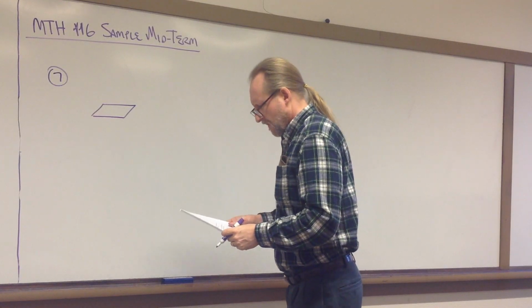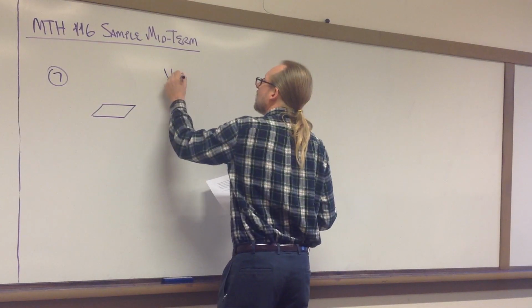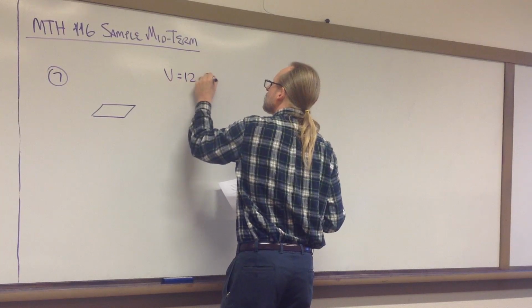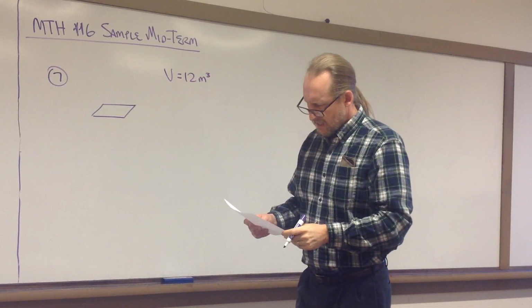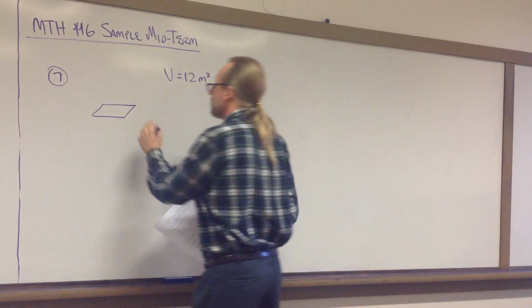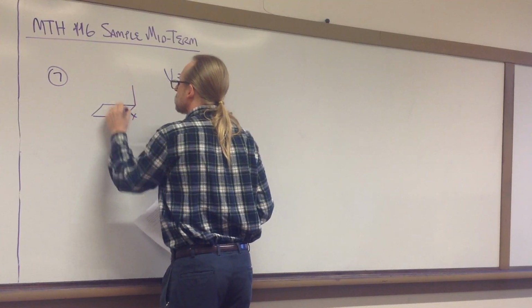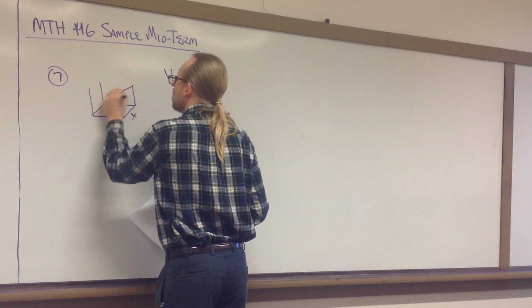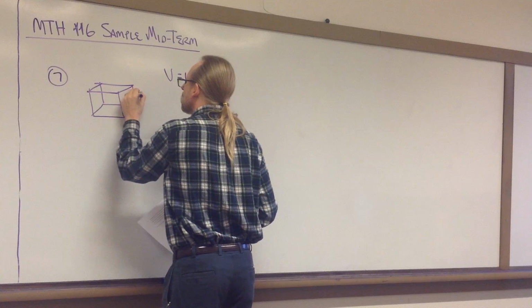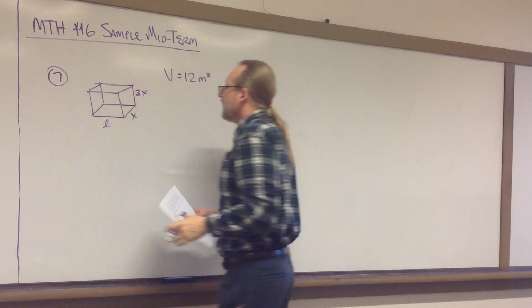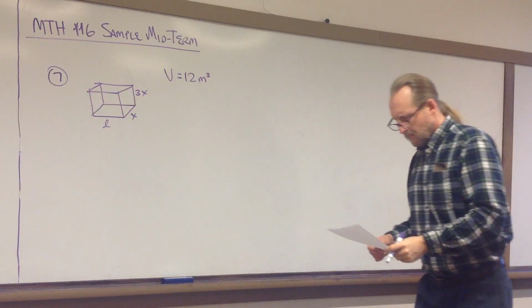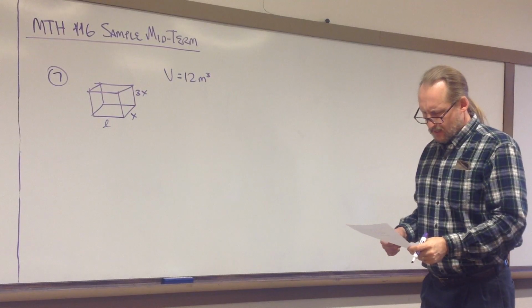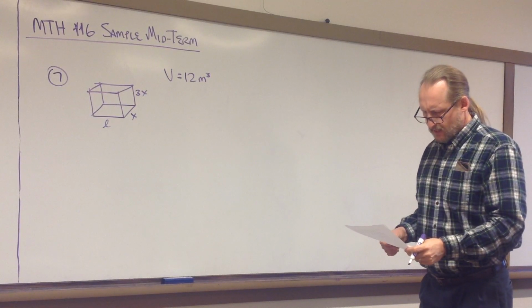No top, and the volume is 12 cubic meters. Height is to be 3 times the width. So if I call this x, then the height will be 3x. And we can just call that L.